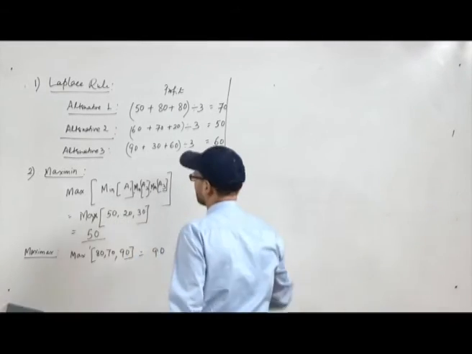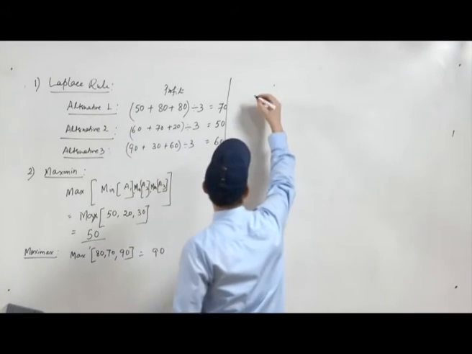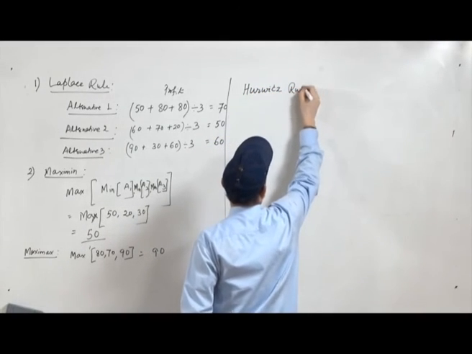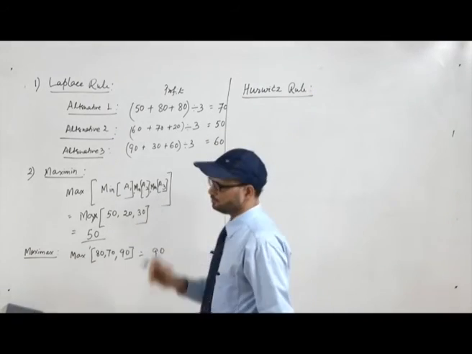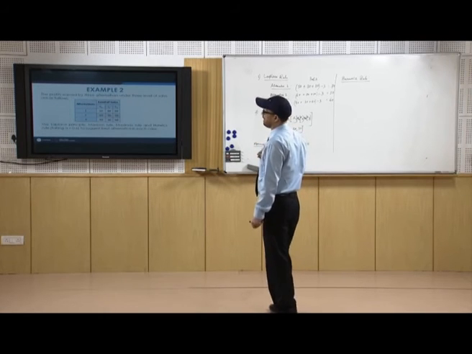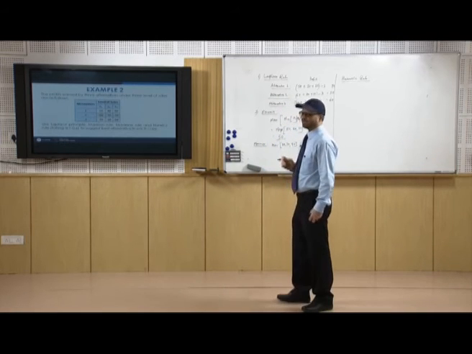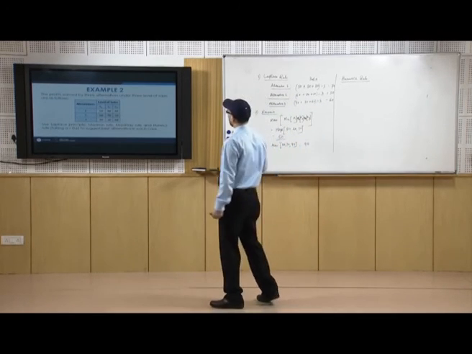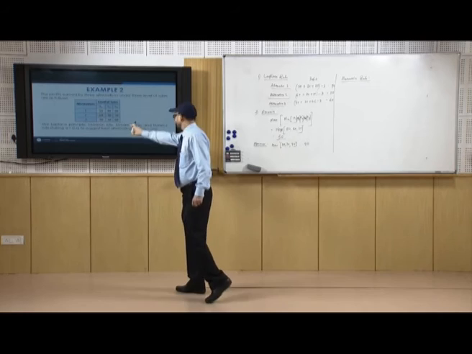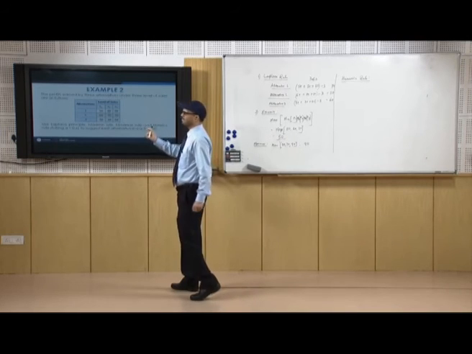Now, let us discuss the third rule, that is the Hurwitz rule. This rule talks about a parameter alpha, which is the degree of optimism. Basically, you multiply the maximum value with this level of optimism, that is 0.6, and the minimum is multiplied with 1 minus alpha.